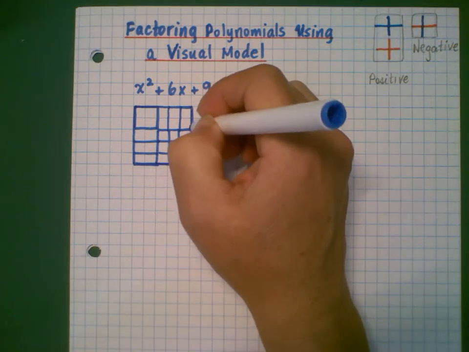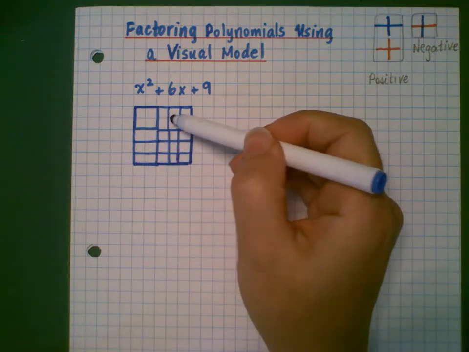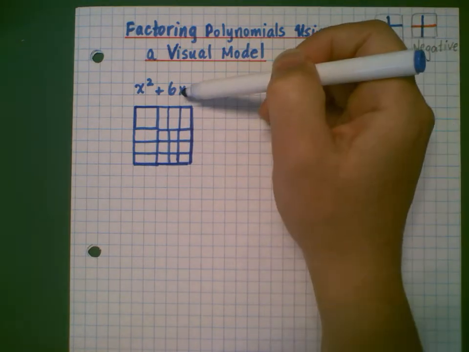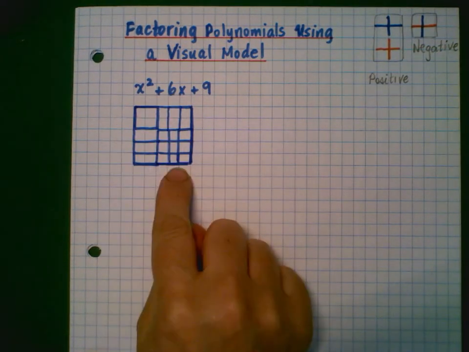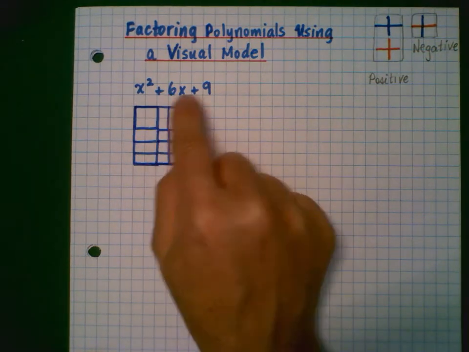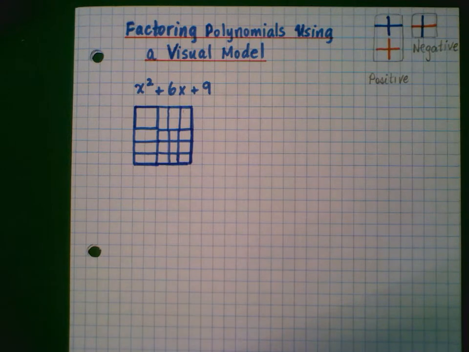Because that is the case, and you can see I've got 1, 2, 3, 4, 5, 6 of the little bars, that's the term in the middle that we skipped initially. So what I've just determined with this visual model is that x squared plus 6x plus 9 is a square itself that can be factored.